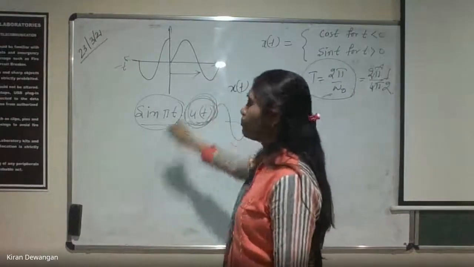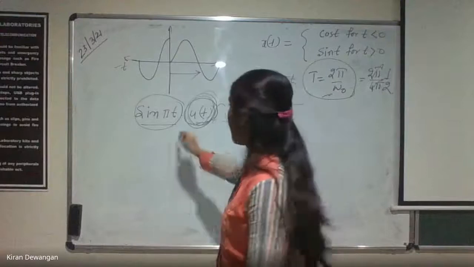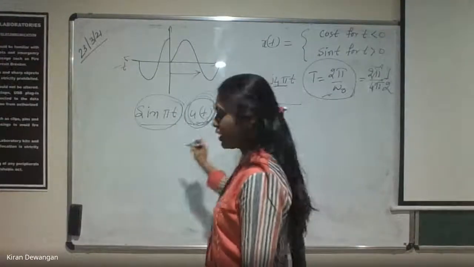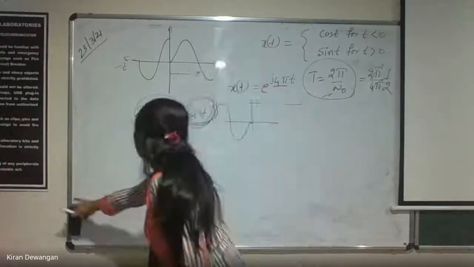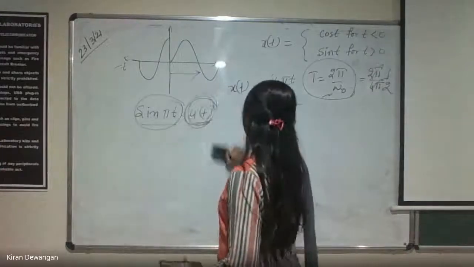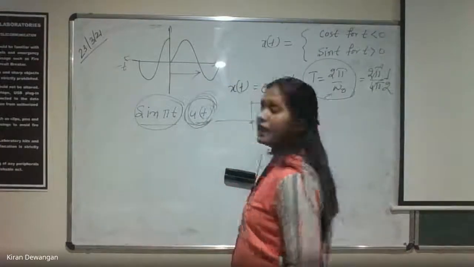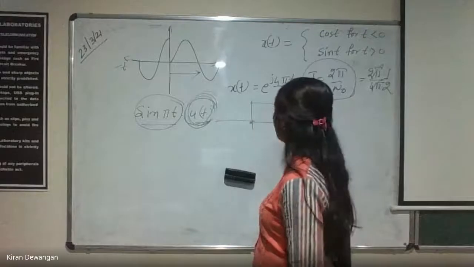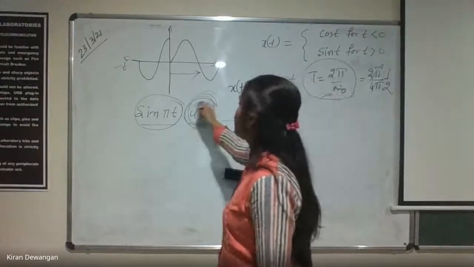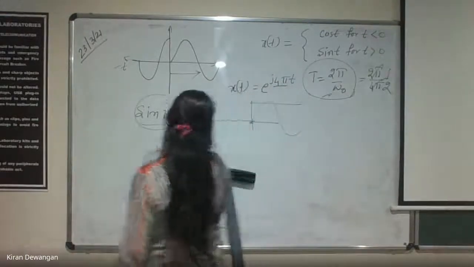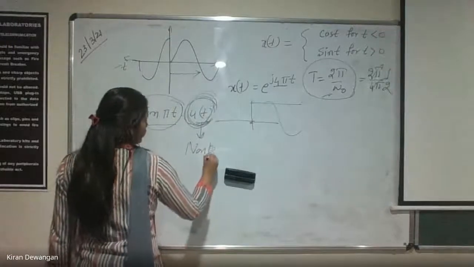u(t) is completely discontinuous. यहाँ पर u(t) is 0 है, so we won't be getting any signal for the negative side. We'll be getting signal only for this side. Because of this, it is non-periodic. ये आपका non-periodic है.